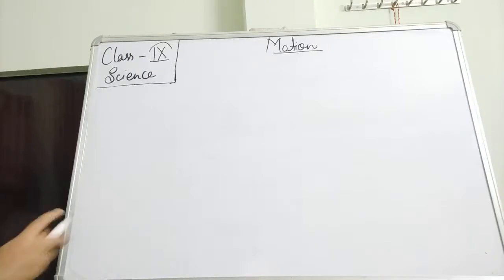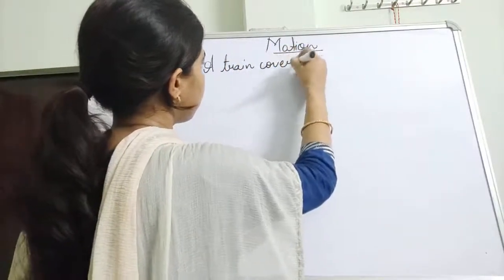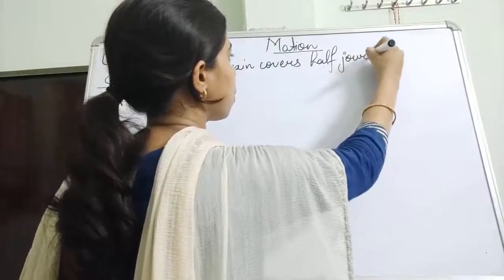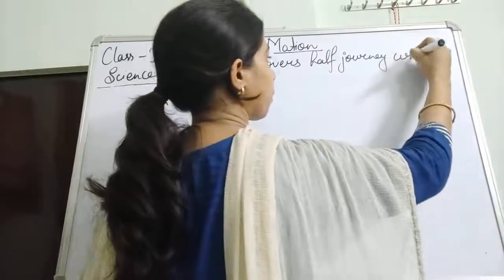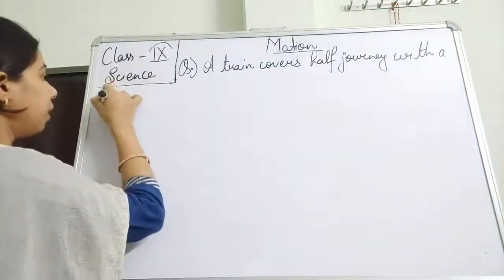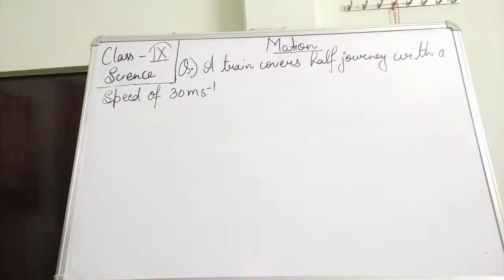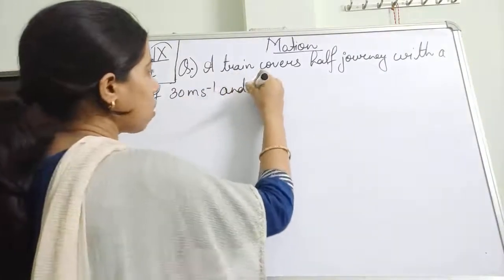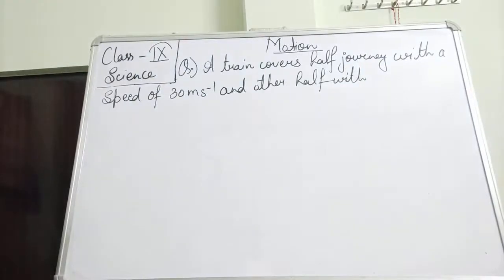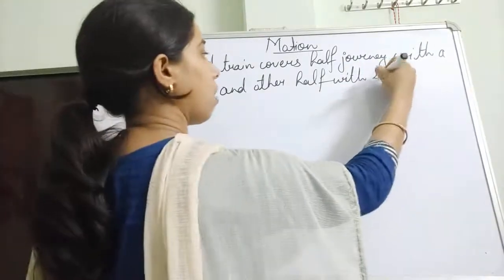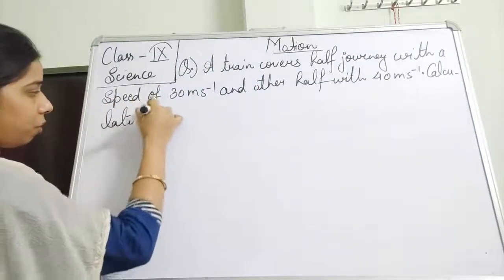So the question is, a train covers half the journey with a speed of 30 meter per second, and the other half with 40 meter per second.